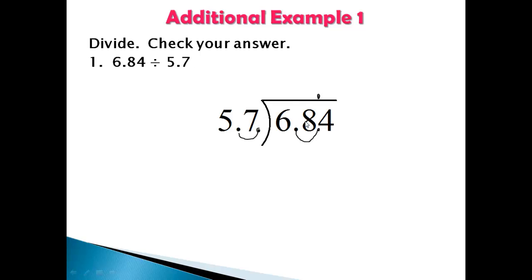57 goes into 68 one time, and 1 times 57 is 57. We're then going to subtract, and 8 minus 7 is 1. And 6 minus 5 is also 1. Then we're going to bring down our 4.